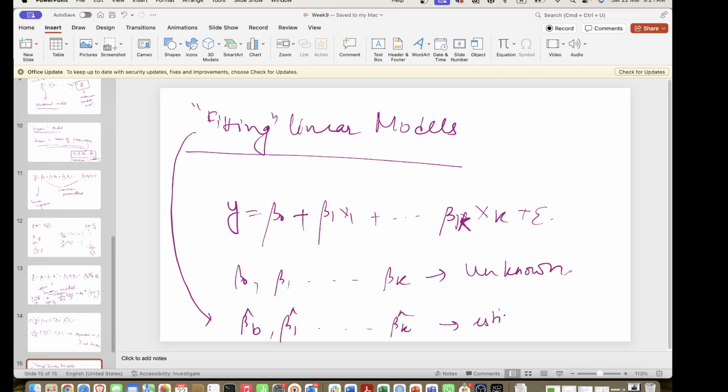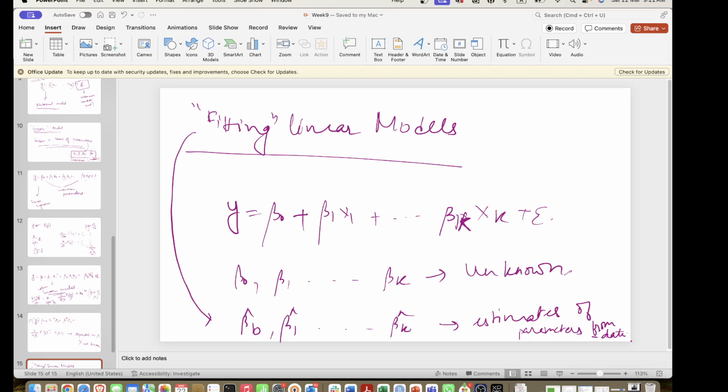That is, I want to get estimates of parameters. And how am I going to get it? By utilizing the observed data. So this is what fitting models is conceptually all about.